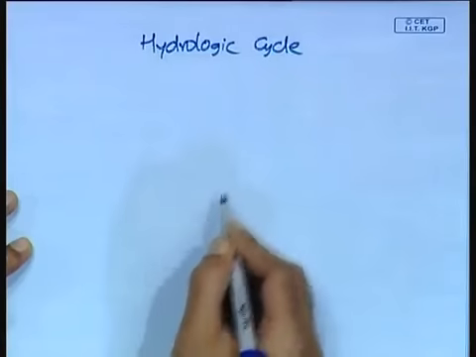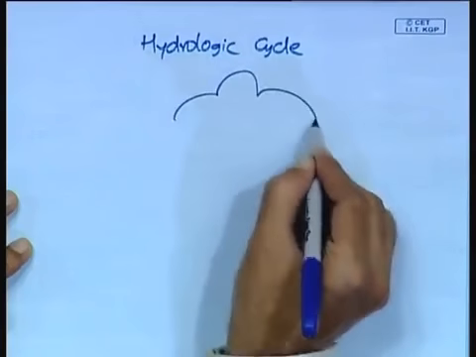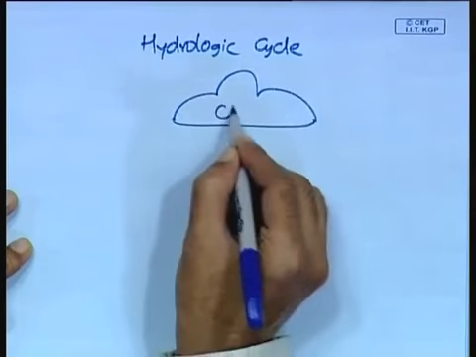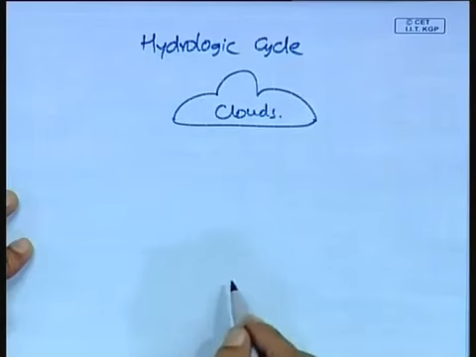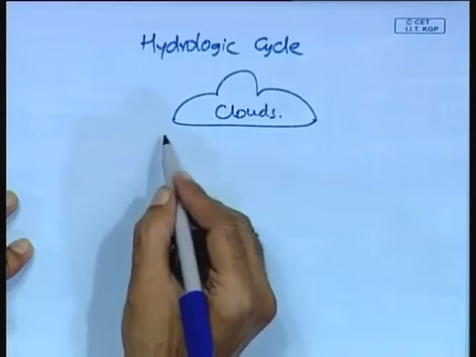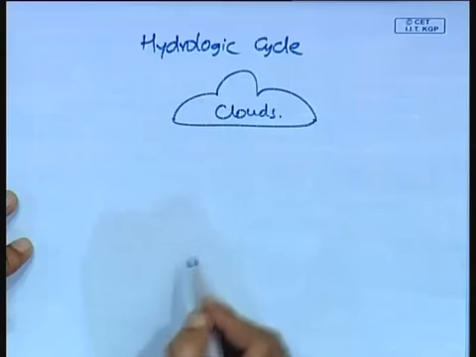So here, these are the clouds, and this is the atmospheric segment of the hydrologic cycle.